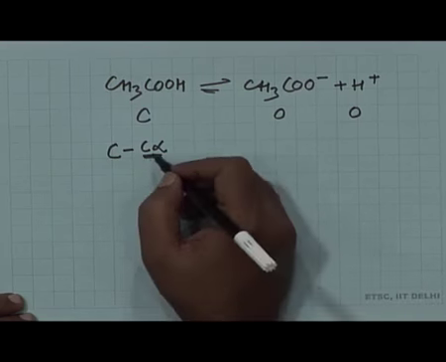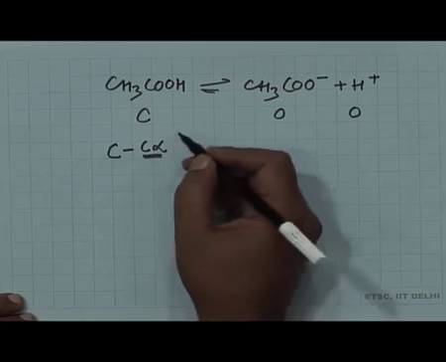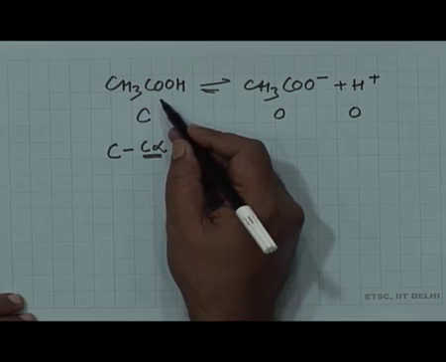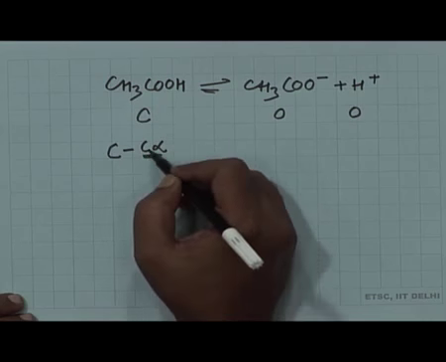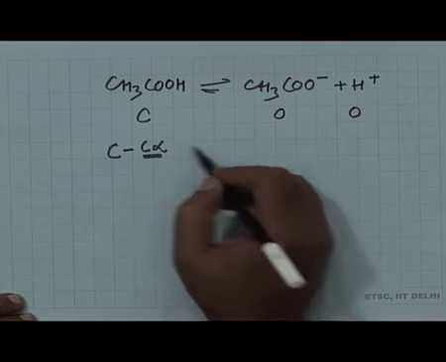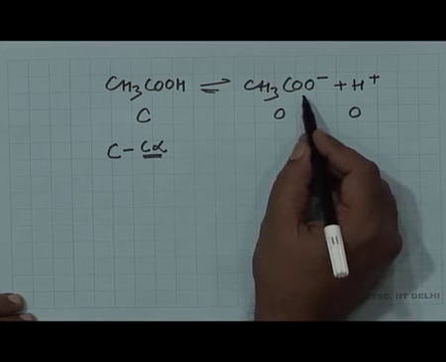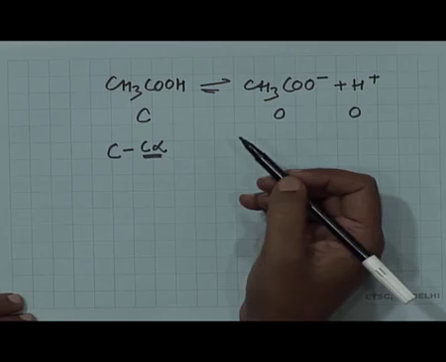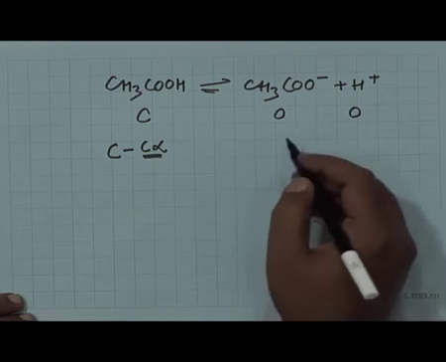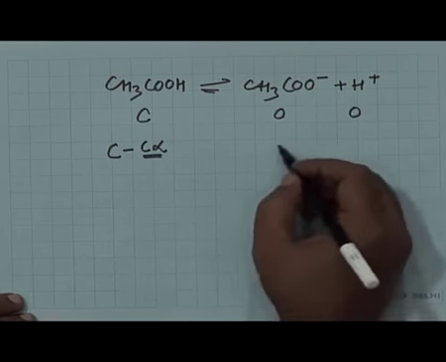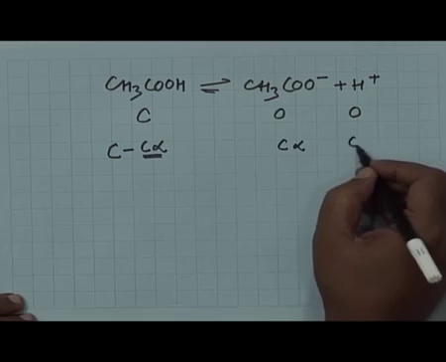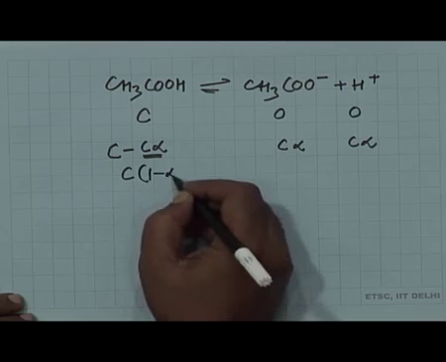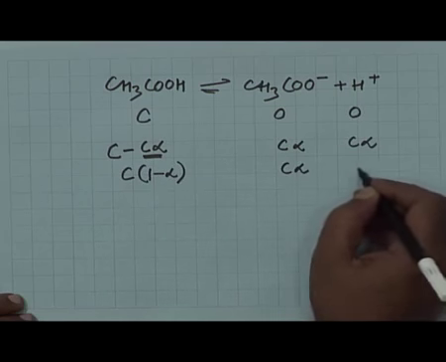Since alpha is per mole and we have C moles of acetic acid, if 1 mole gives you alpha mole of ions, C mole will give C alpha mole of ions. So, C minus C alpha remains, and here you will generate C alpha. Another way to write it is C into 1 minus alpha, C alpha.